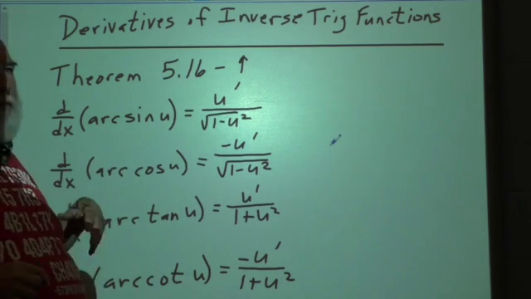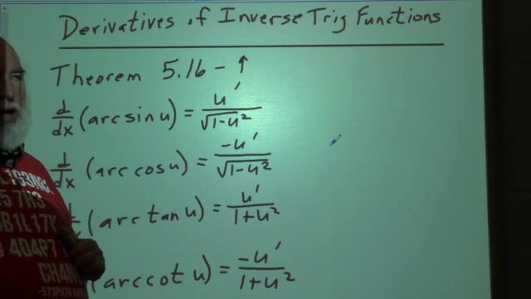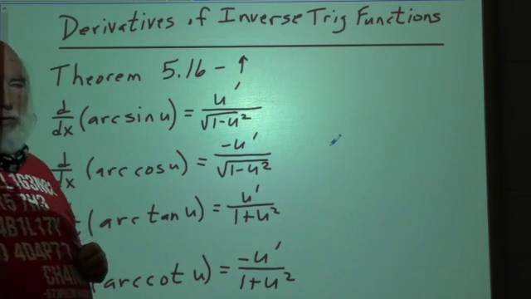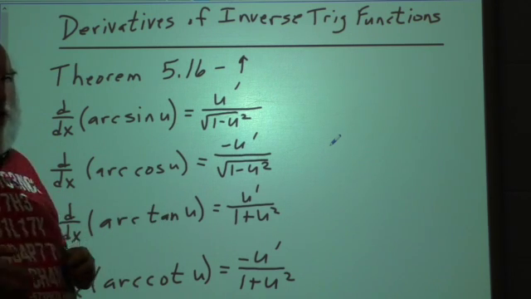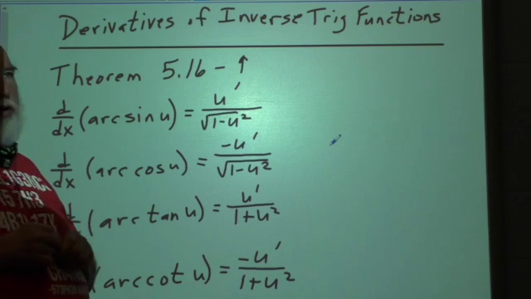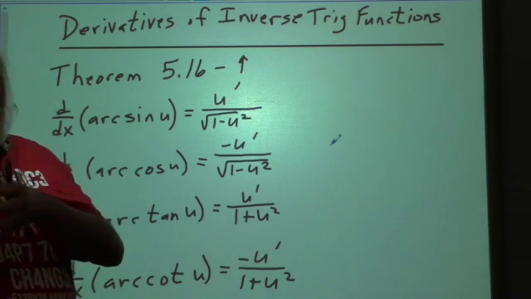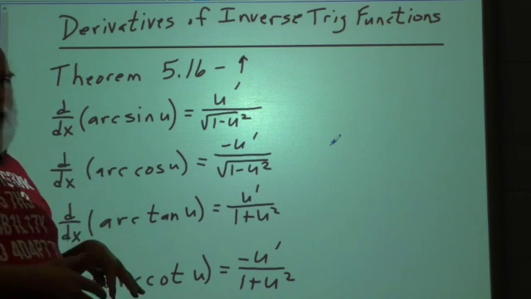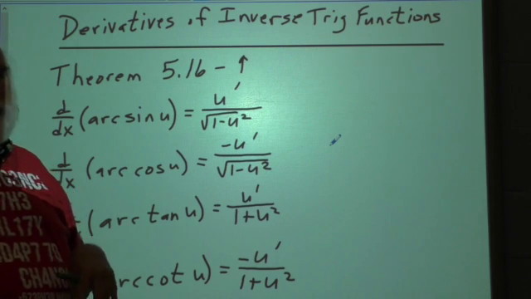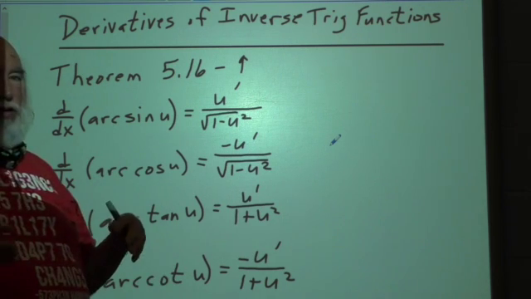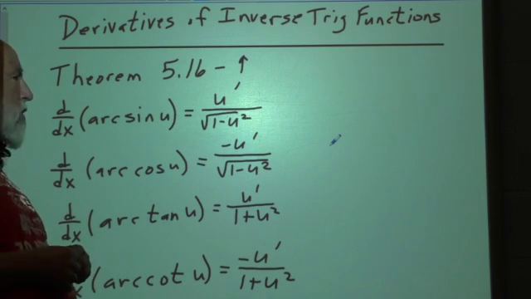Like when we know that the sine of 30 degrees is 0.5, or the sine of pi over 6 is 0.5. Then if we wanted to find the angle, we would take the value of that sine and say the inverse sine of 0.5 is 30 degrees, or the inverse sine of 0.5 is pi over 6 radians.